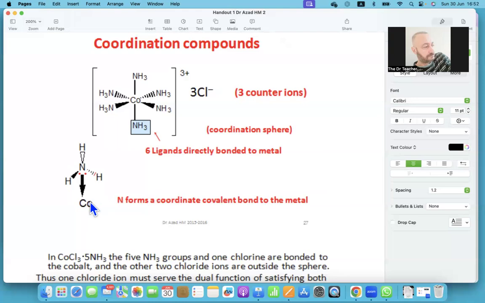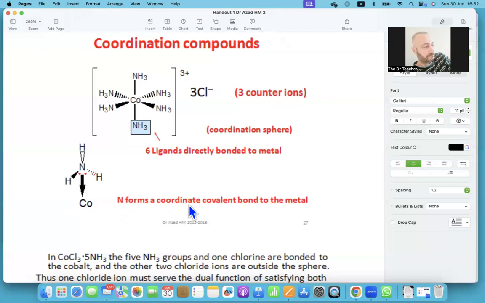And as you see here, each amino group is bonded by the lone pair of the nitrogen, not by the hydrogen, to the cobalt. They are bonded using the free lone pair in red. And we will explain how they enter the empty orbitals in cobalt as a pair of electrons in one go.